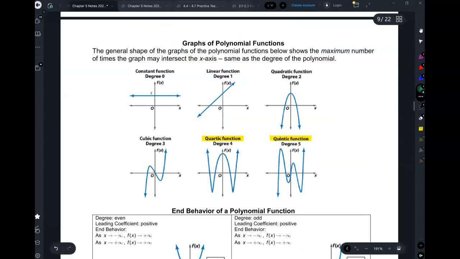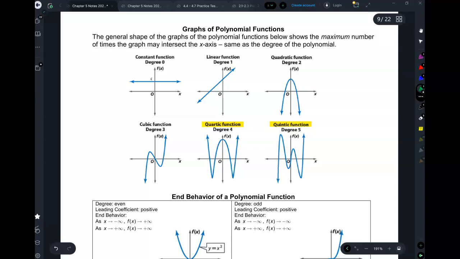Okay, let's talk about graphs of functions. We've got a lot of ground to cover today. Graphs of polynomial functions. So, the shape of the graph of a polynomial function shows the number of times the graph may intercept the x-axis, and this is the same as the degree of the polynomial.